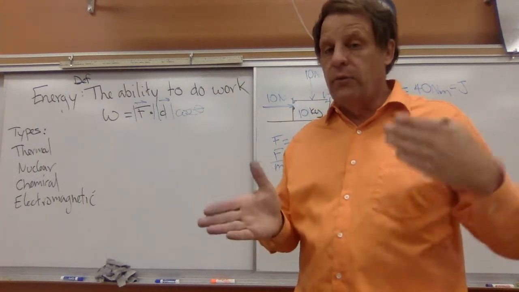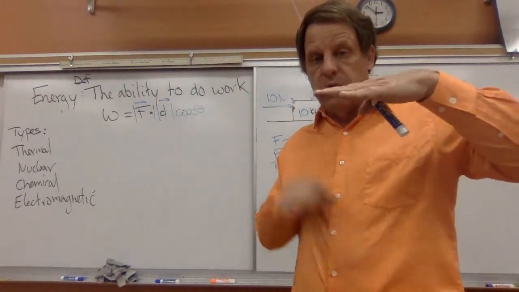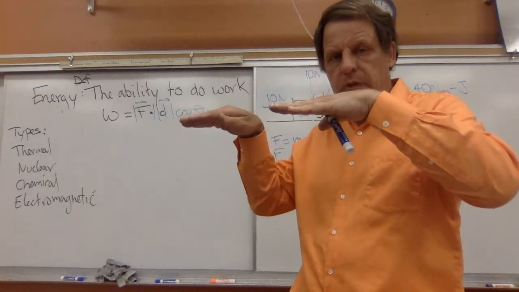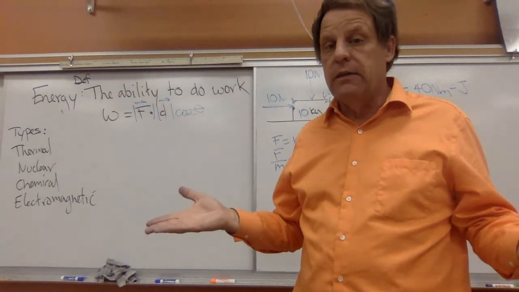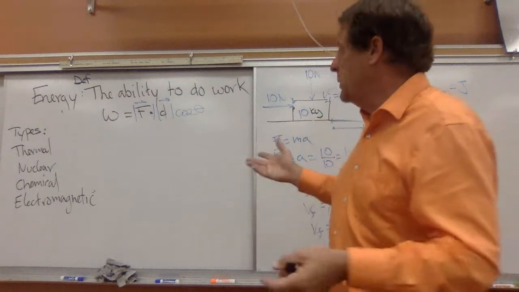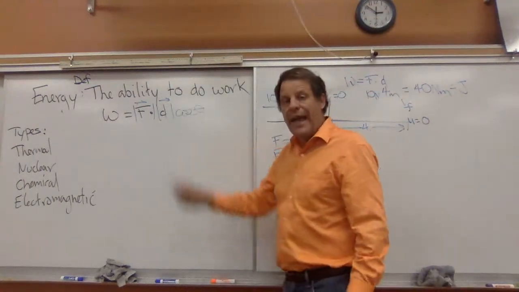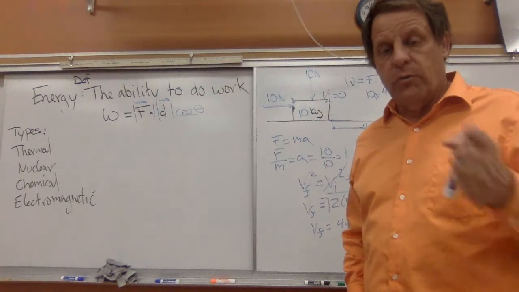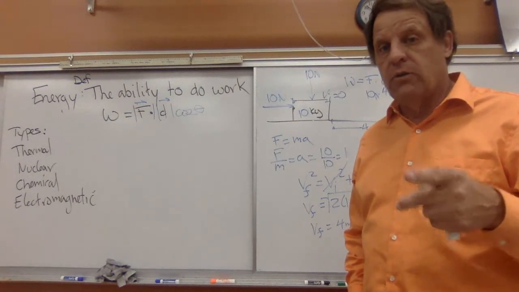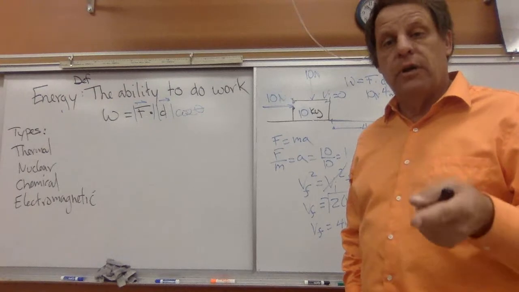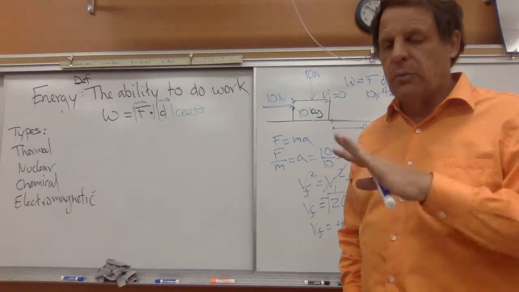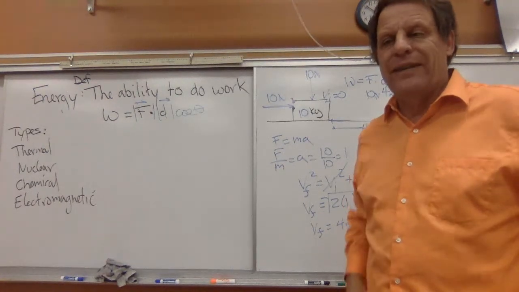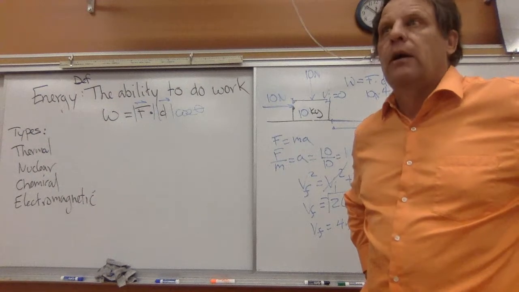So we might take the force and figure out what the force is going in the same direction as the displacement, and then we just have FD. But if we take into account the angle between the force vector and the displacement vector, then it's going to be the cosine of that. So we can think of it in different ways.